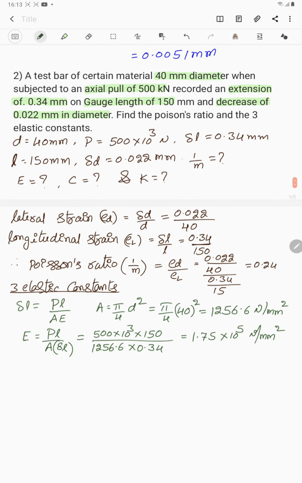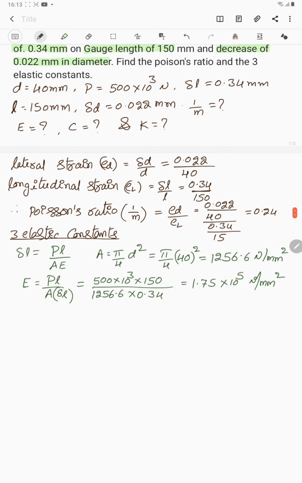Similarly, the shear modulus can be found from E and C relation. We know that Young's modulus E equal to 2C into 1 plus 1 by m.